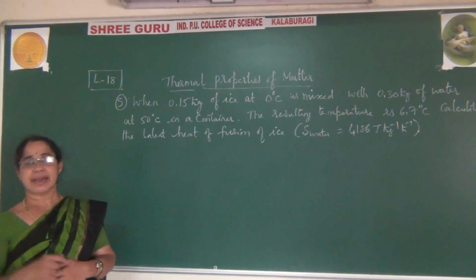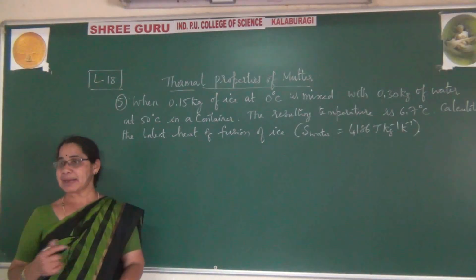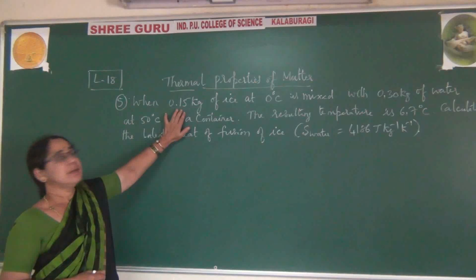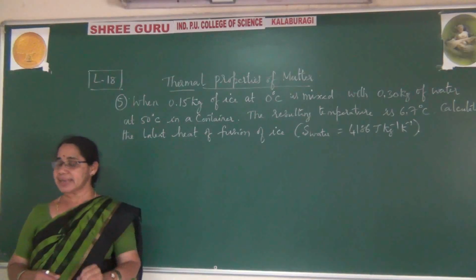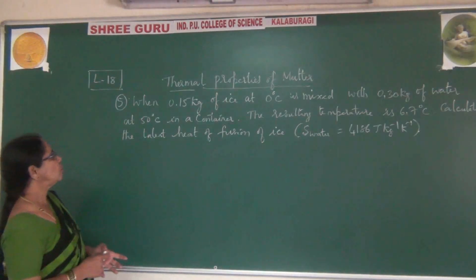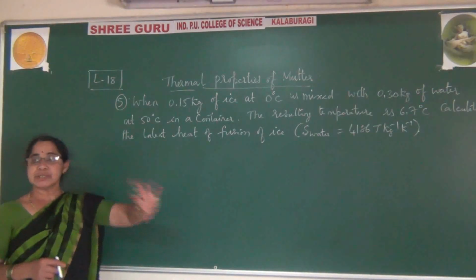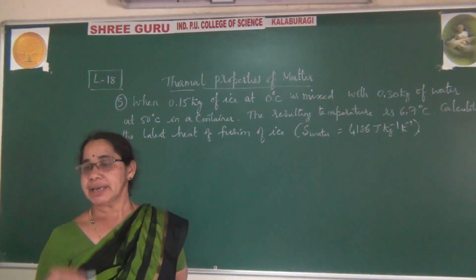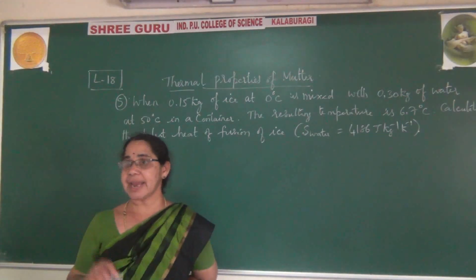First let me calculate using the concept of the mixture, so let us calculate the quantity of heat. Before that, one more point. This concept uses the principle that heat lost by water is always equal to heat gained.